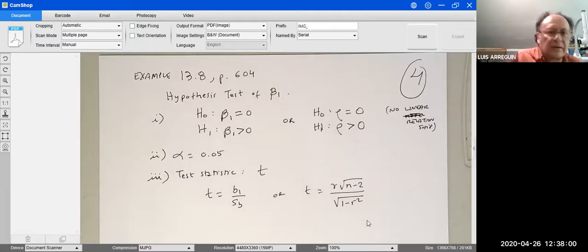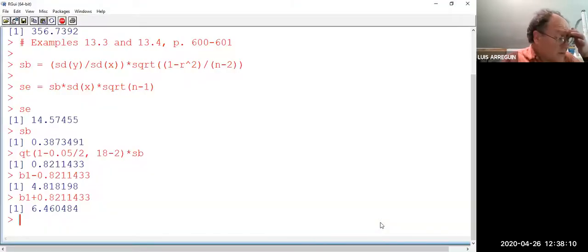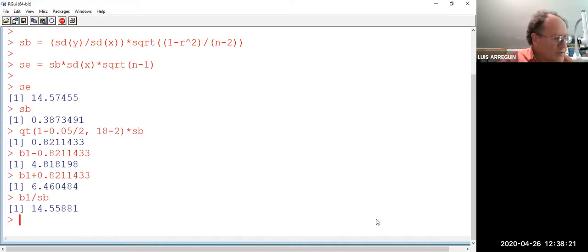So let's find our value for t. You just need to go back to R, and we're gonna use the values that we already have. So b1 over s_b1 is the easiest one because we have all this information.